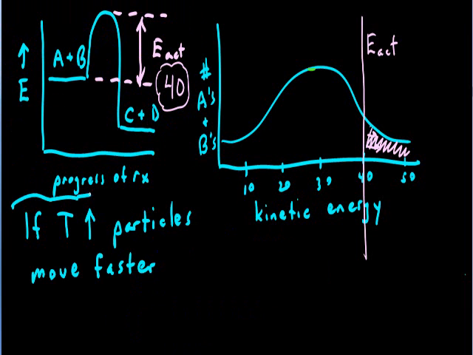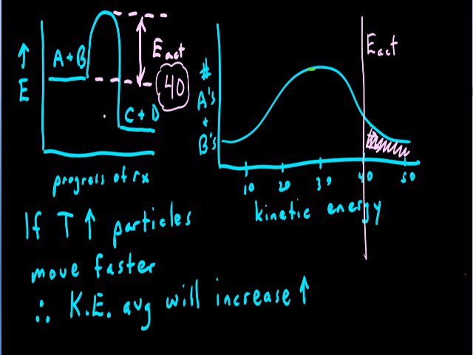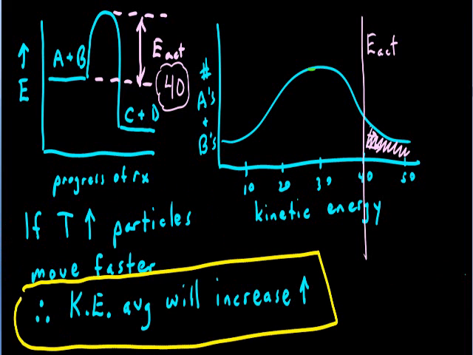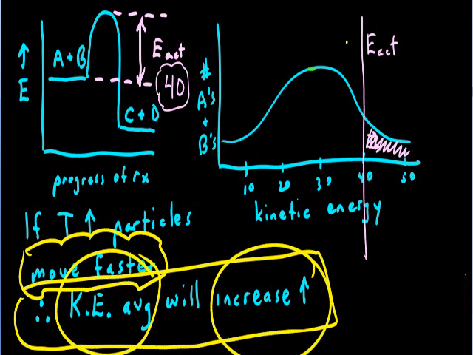Now, if we increase the temperature, our particles are going to move faster. With the particles moving faster, the average kinetic energy will increase. The average kinetic energy is a measure of the energy of motion of the particles.